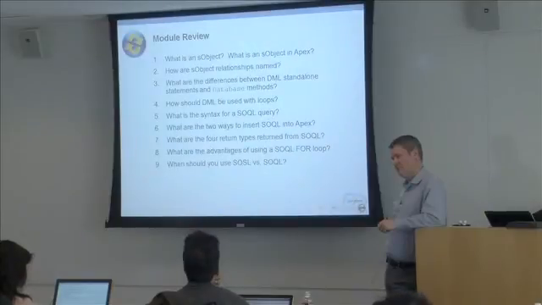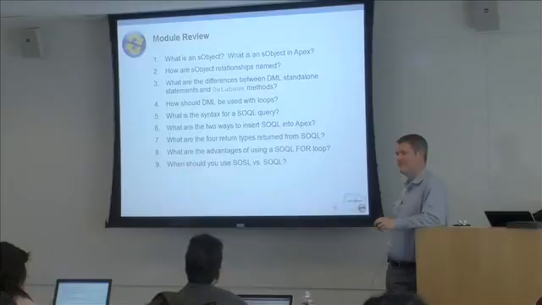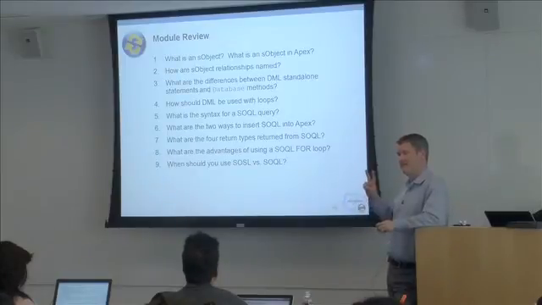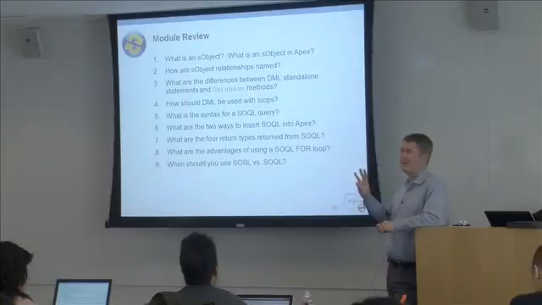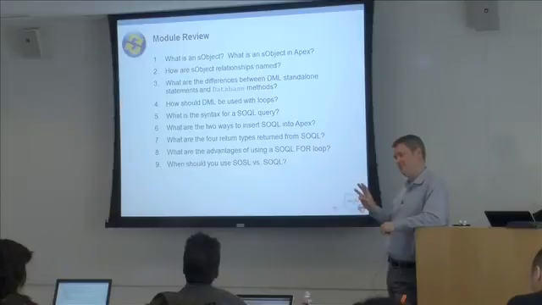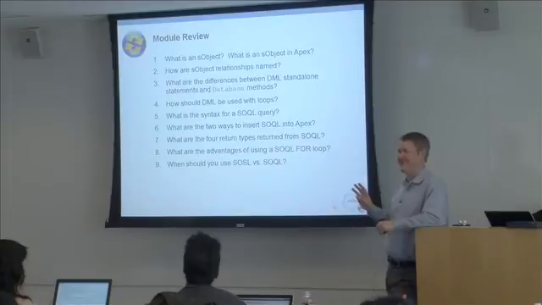What are the 4 return types returned from SOQL? Single object. Mm-hmm. A list. Be more specific. So a single SObject. Okay. A list of SObjects. A list of concrete SObjects. Very good. Got 2 of them. An integer, if we do a select count. Very good. And where you do the group by or with aggregate functions.